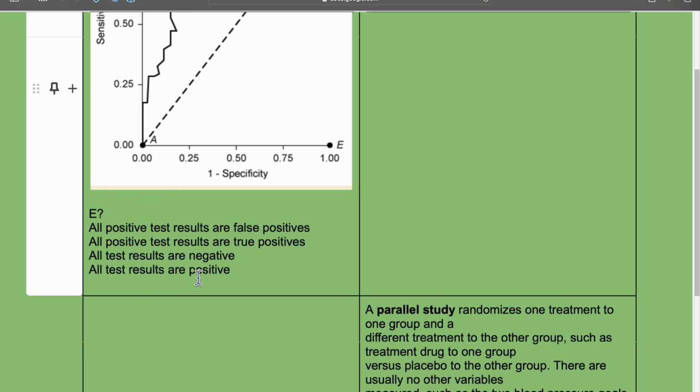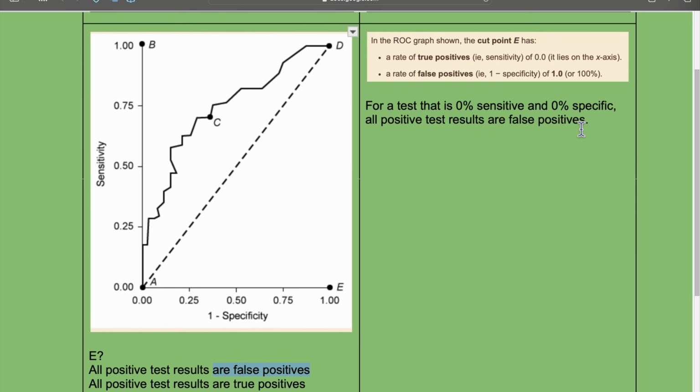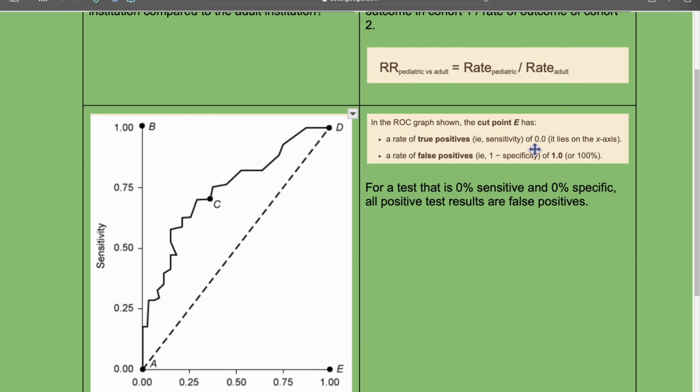No, all test results are positive. No, because even sensitivity is 0, so maybe this one. Let's see. For a test that is 0% sensitive and 0% specific, all positive test results are false positive. All positive, yeah, so it's this one. All positive test results are false positive, okay.